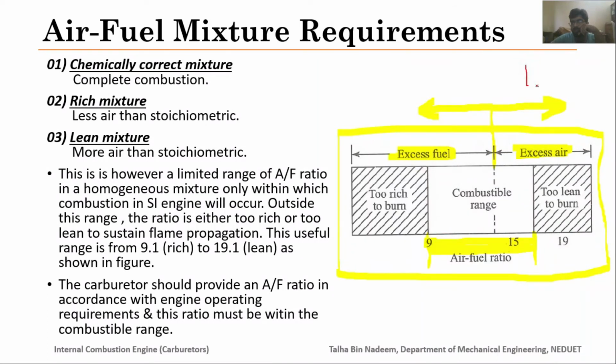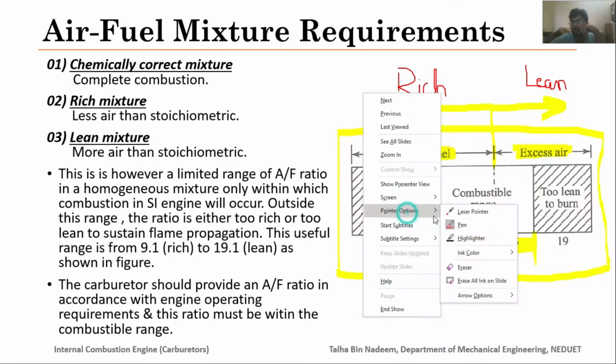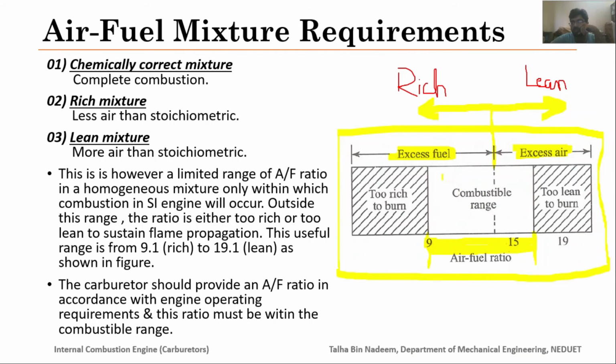So I am simply pointing out that you have a lean mixture on the right hand side of the stoichiometric point, and a rich mixture on the left hand side. This is your combustible range, meaning your IC engine can operate inside this range, from 9 to, let's say, 17.